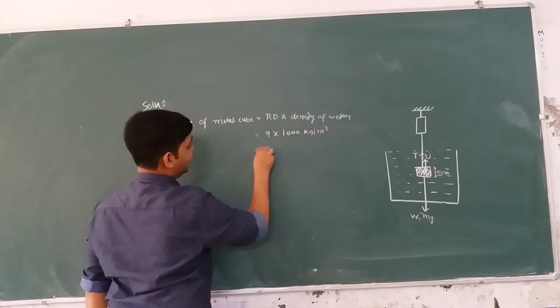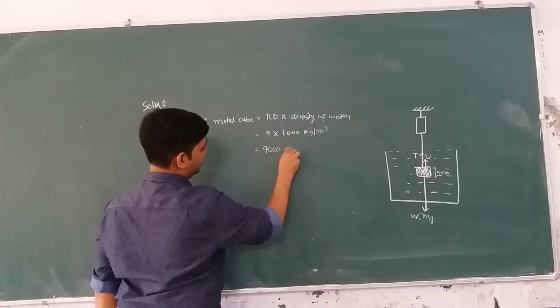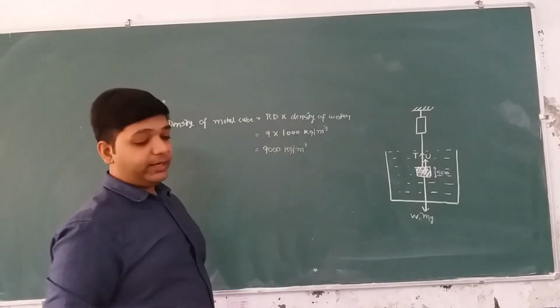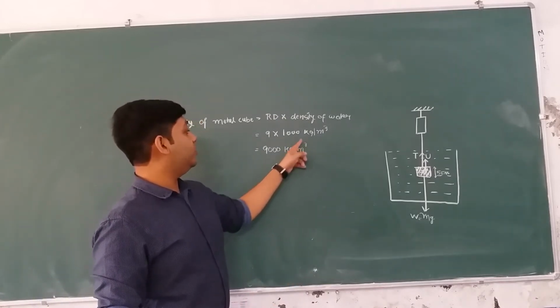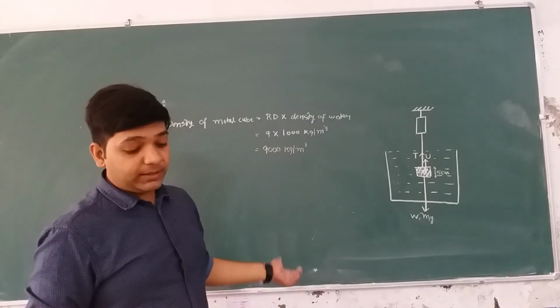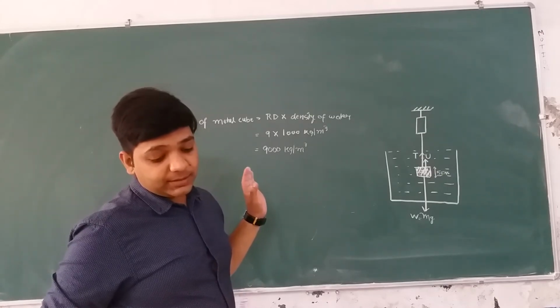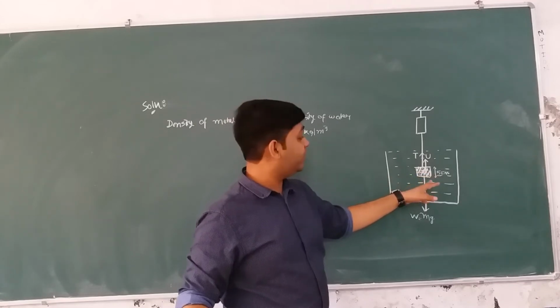So the density of metal cube will be 9000 kg per meter cube, which is quite high, right? That means in the volume of 1 meter cube, there is a mass of 9000 kg, right? This is how we read it. And now what we are being asked, this is suspended by a thread so as to be completely immersed in a liquid of density.